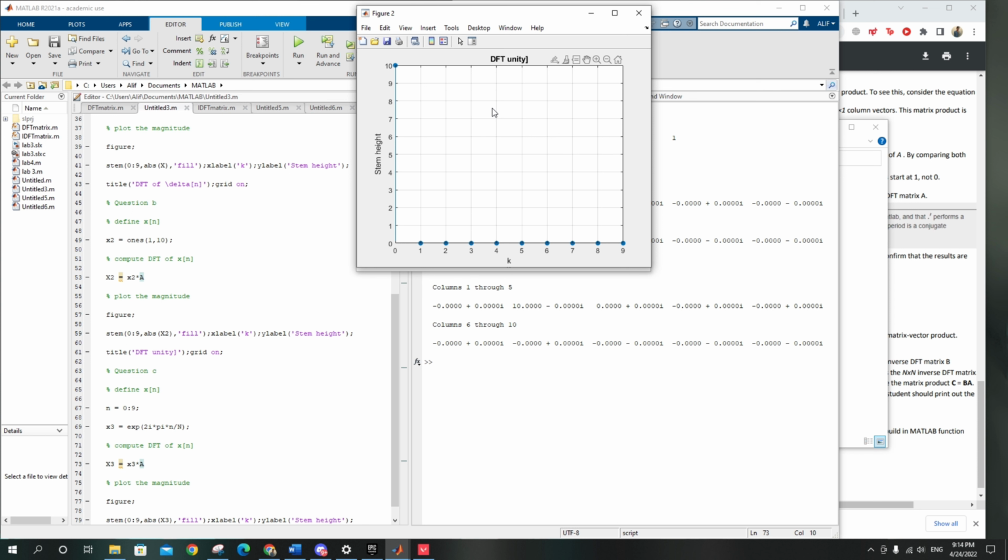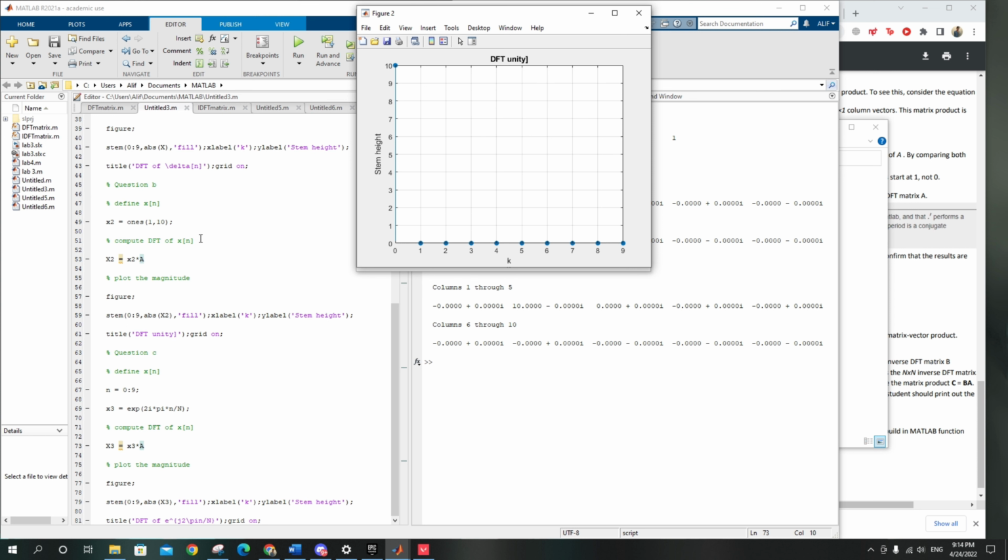For equation C, the range of n from 0 to 9 is defined by using n equal to 0 to 9. After that, x3 equal to exponential 2i times pi times n over n is defined as xn. After that, by multiplying x3 with matrix A, the DFT of xn is obtained. After running the simulation, the output DFT of x3 is shown in the command window.